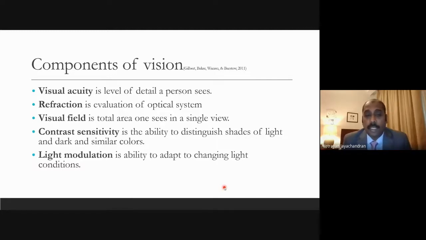Suppose the current suddenly goes off and you are in darkness, you cannot see the environment immediately, but after a few minutes you can see objects even in the darkness. So your eye is able to modulate the light. That is called light modulation. We are going to see these five components in detail.